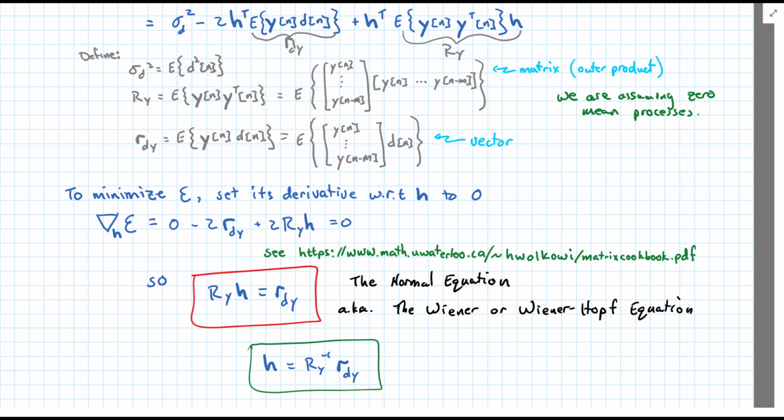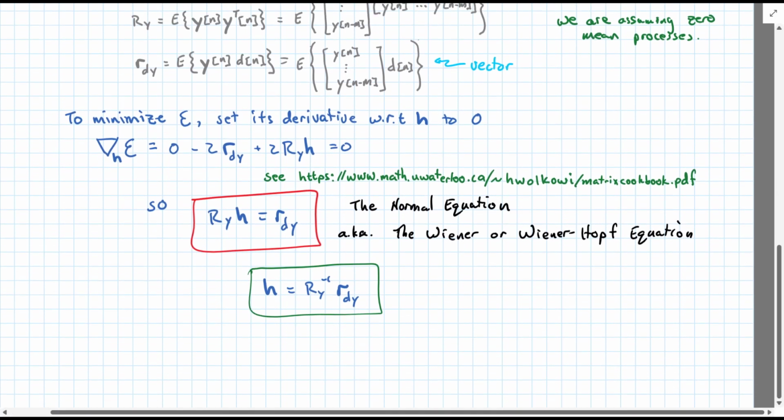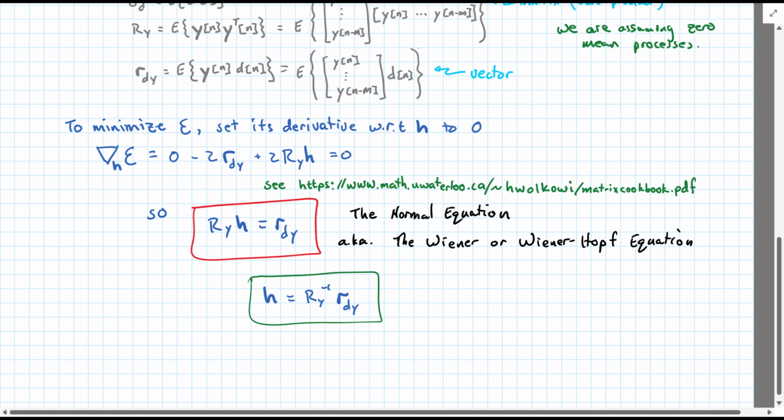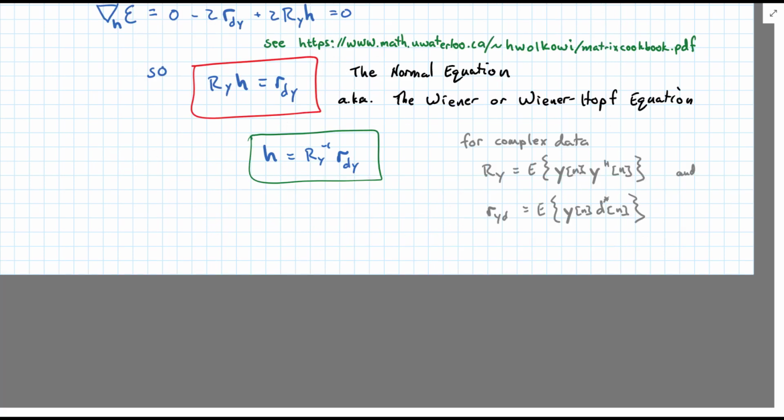Well, it turns out that the Wiener-Hopf equation is going to look the same for complex data, except that our matrix and our cross correlation are going to be determined slightly differently as follows. So instead of the transpose, we use the Hermitian transpose, and the second argument in R_dy is conjugated. Once we've done those, then H will be calculated using the exact same normal equation that we saw up above.